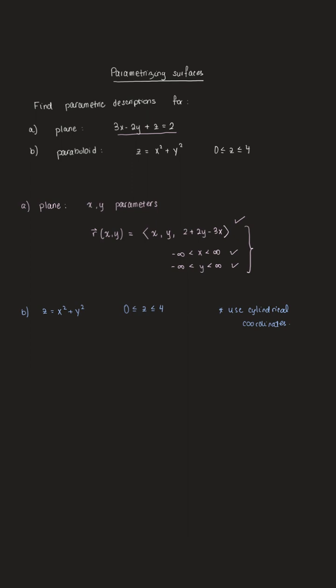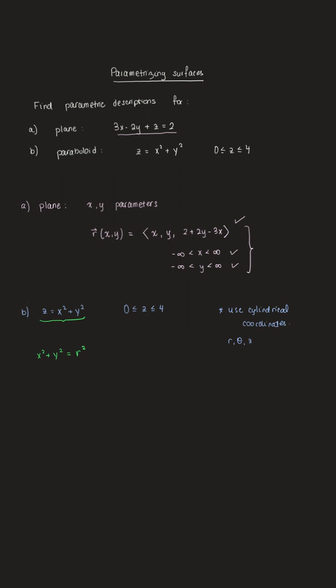All right, so we can say, if we use cylindrical coordinates, we're usually going to need r, theta, and z, but we really only want two parameters. So if we pay a little bit of attention to how our equation for the paraboloid is written, we know that x squared plus y squared in cylindrical coordinates and polar is equal to r squared.